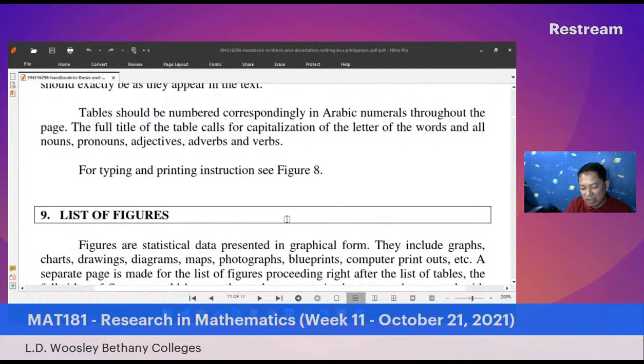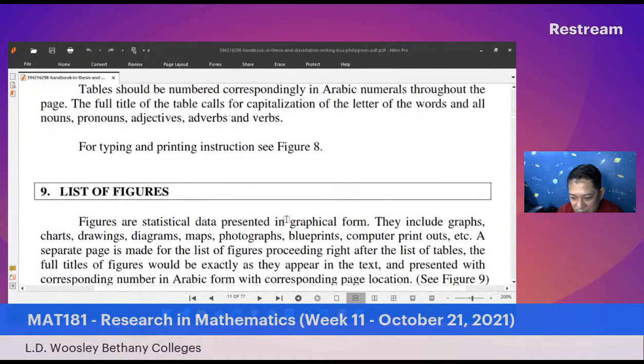We have the theoretical framework or conceptual framework, so you may use figures there or perhaps to support your idea, and then eventually even in the research method, as well as some figures that could be used even in the actual result of the research. Of course, the statistical data in graphical form.